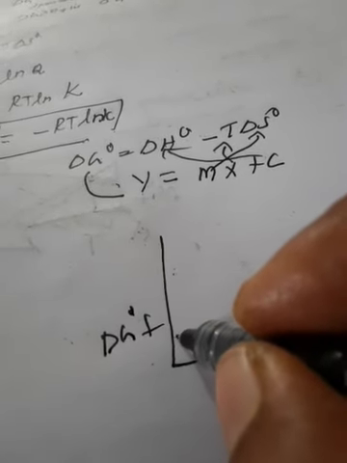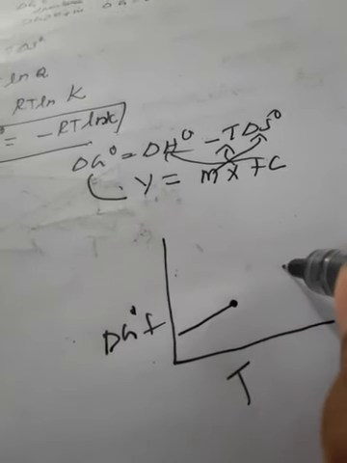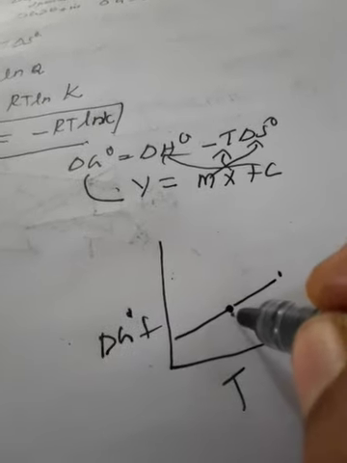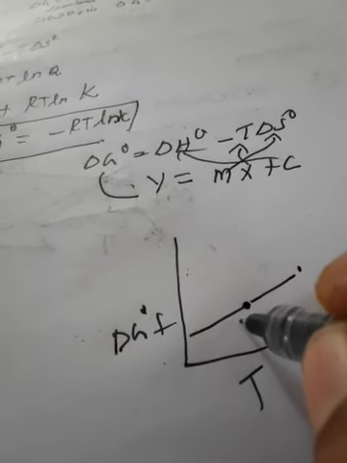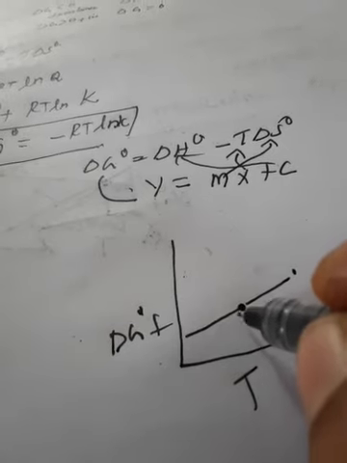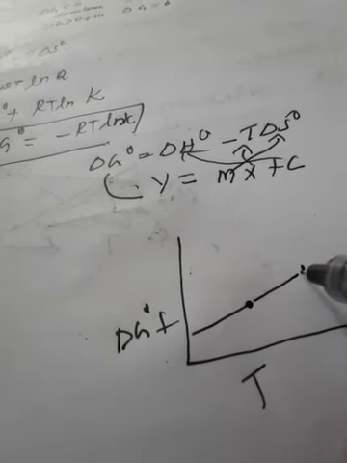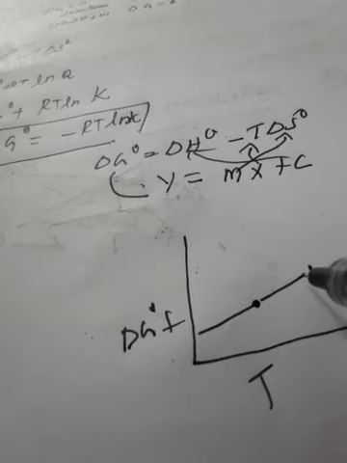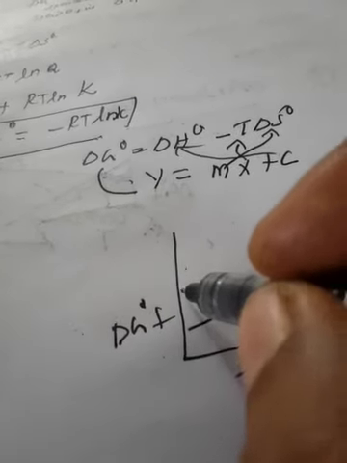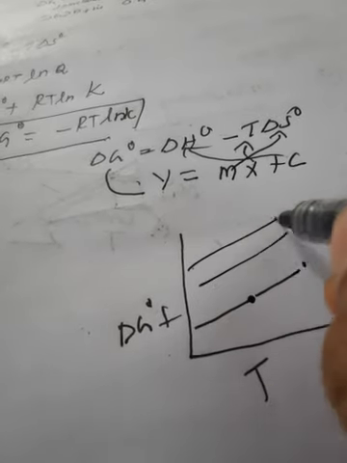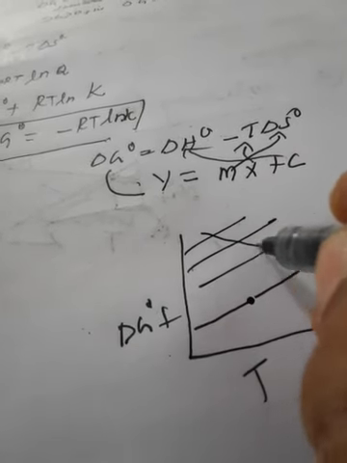If there are two dots, the first dot represents the melting point, where the metal melts, and the second dot represents the boiling point. For all the metal oxides, the line goes upward.